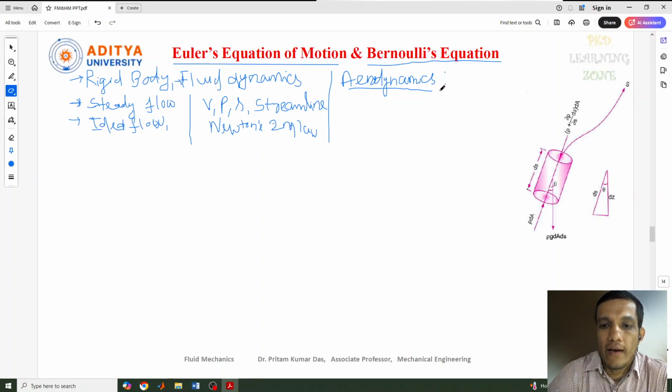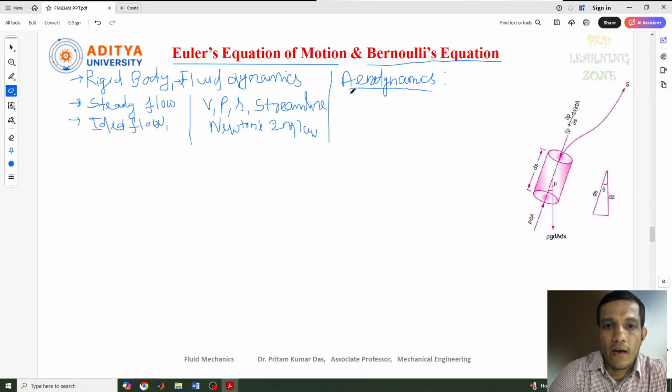Also, when the aircraft is in its working condition, we can identify the lift force and the drag force acting on it, and what other aerodynamic forces are related, we can also see with this concept.